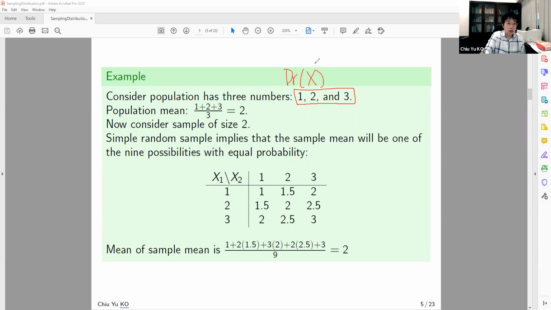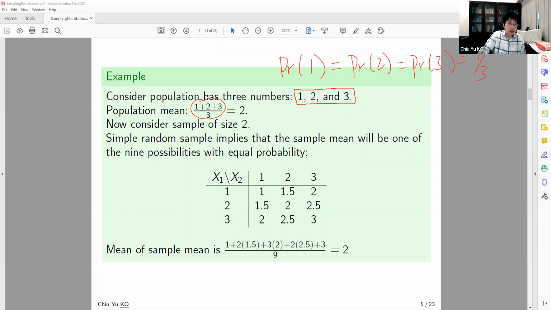Because it's a simple random sample, the probability of 1 equals the probability of 2 equals the probability of 3, which is 1/3.